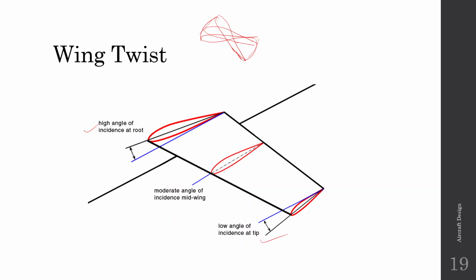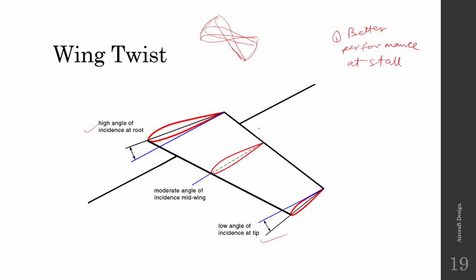Okay, so the wing twist is done mainly because of two reasons. One is to give better performance at stall.